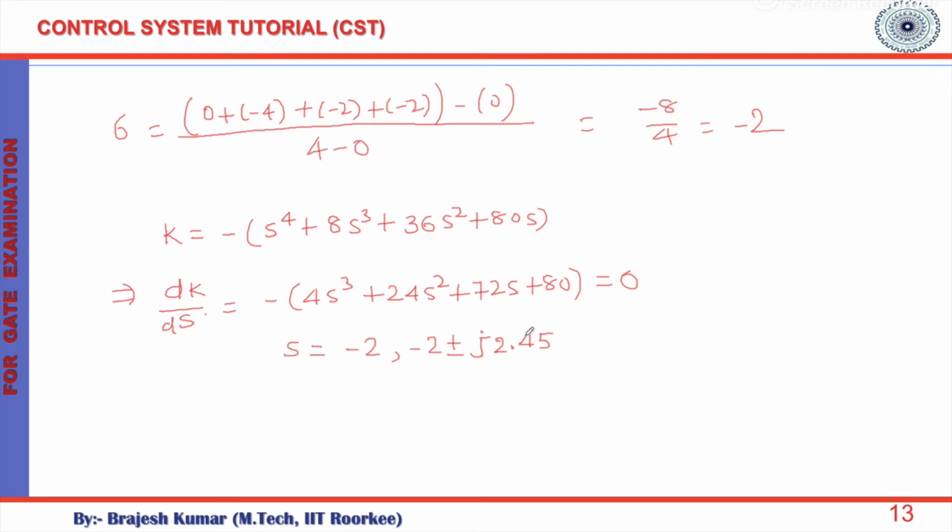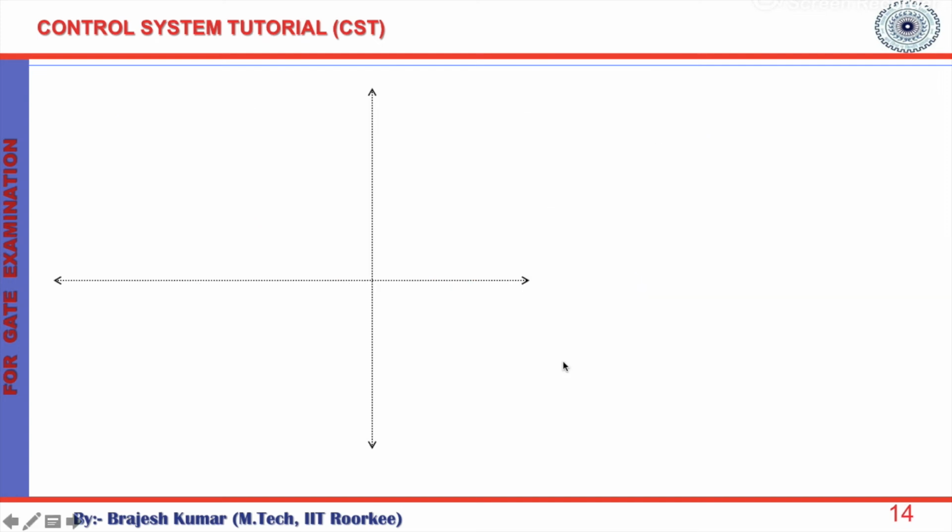Okay, so we are having these three breakaway points, right? Now let us try to locate all these points on the S plane. Coming to the next diagram, we will first try to locate the poles on the S plane, and then we will locate these breakaway points.